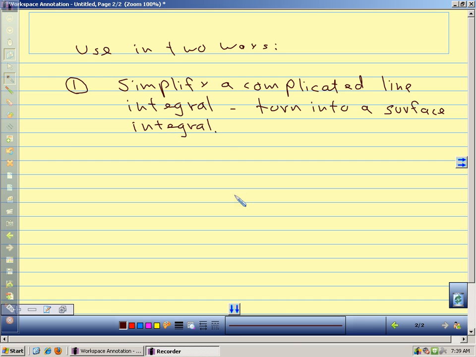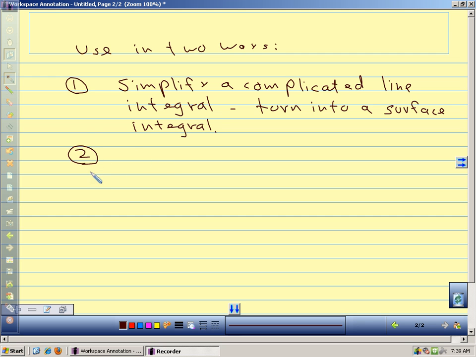We might have a surface that has some complicated boundary, and we want to evaluate the line integral around the boundary. We might end up having to parameterize several different curves to evaluate our line integral.